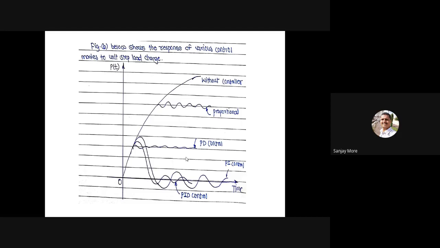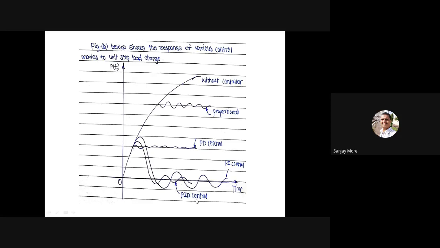Okay, so see the graph, proportional output versus time. With the changing load, each individual controller, proportional, derivative and integral, takes a different action or motion.